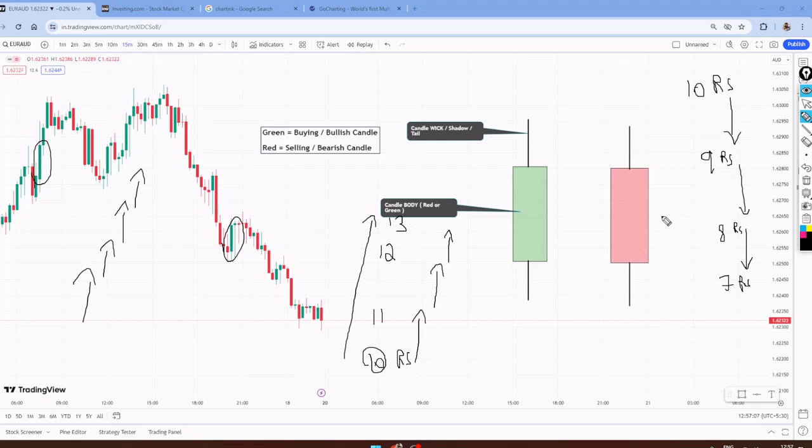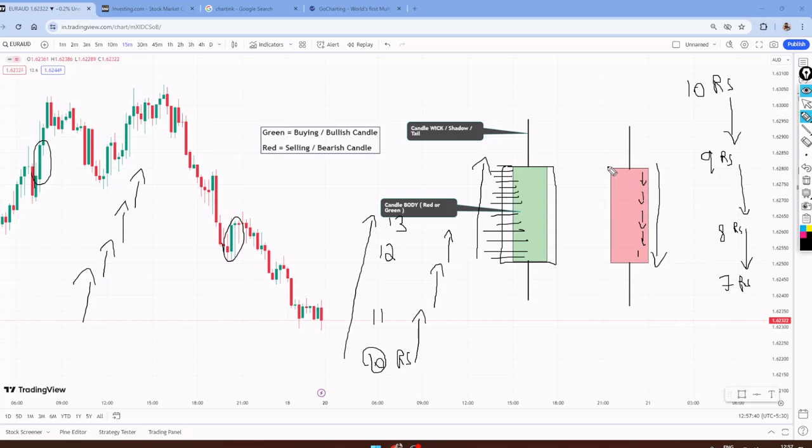Okay. So in this body portion of the candle, in this rectangle portion, what is happening? Let's say people are buying, so price is increasing. Okay, just opposite here. People are selling, price is decreasing.